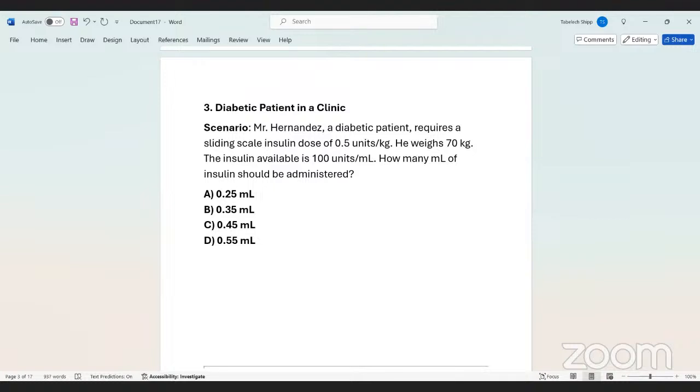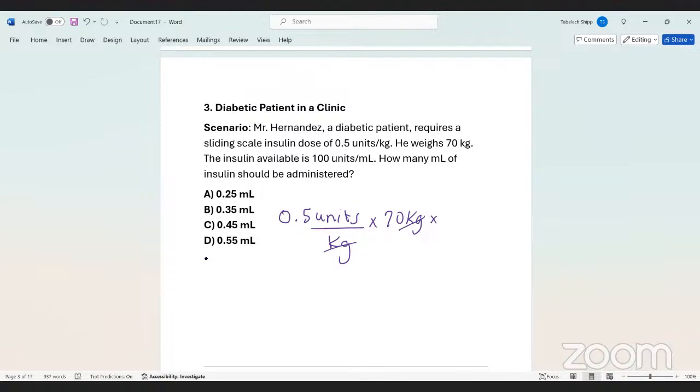So this next one, what can we do? Mr. Hernandez, a diabetic patient, requires a sliding scale insulin dose of 0.5 units per kilogram. He weighs 70 kilograms. The insulin available is 100 units per milliliter. How many milliliters of insulin should be administered? All you're doing here is canceling out your kilograms.